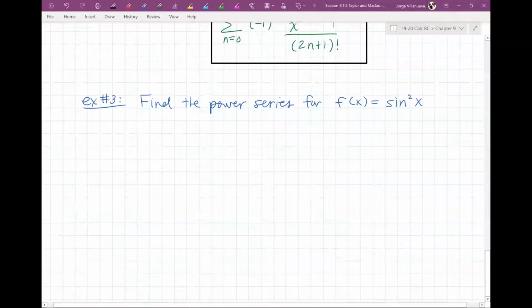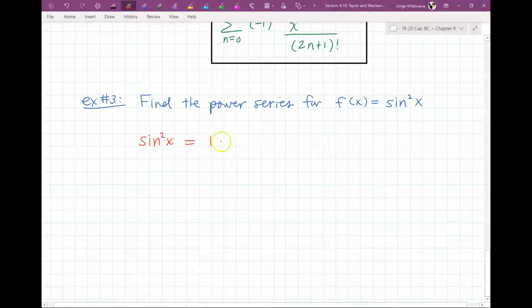So how can we actually do this? Well, a long time ago, you guys might remember, I'm guessing maybe someone might remember this, but does anybody remember the power reduction identity for sine squared of x? So yes, trig still exists.